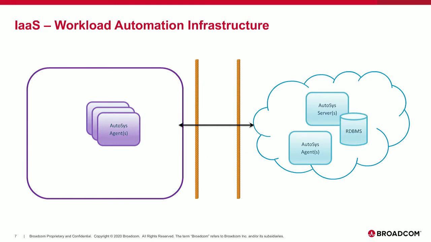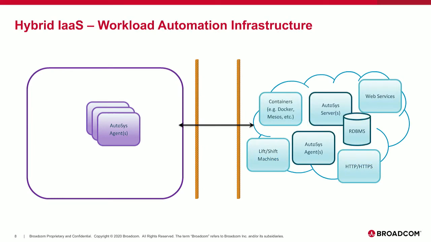So whether customers move their applications to the cloud or the AutoSys service to the cloud, at some point the order is kind of irrelevant, but this is certainly one that we see. Next is a hybrid environment, which is the most common that we see.